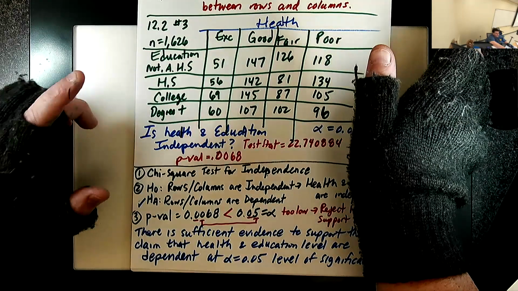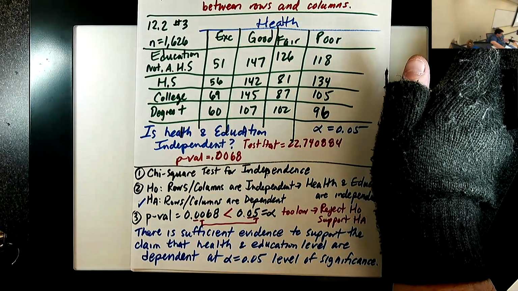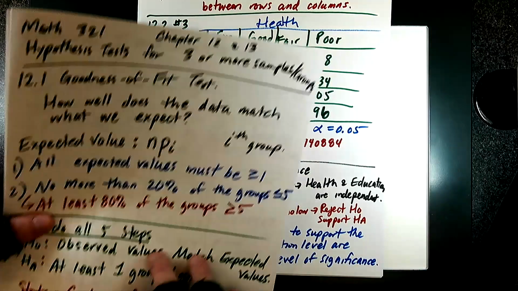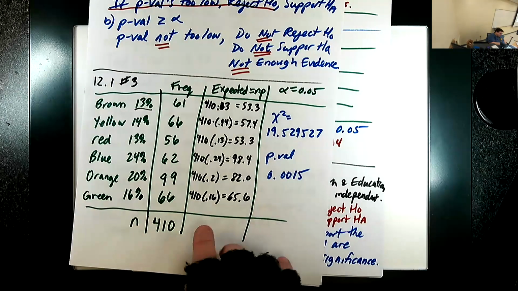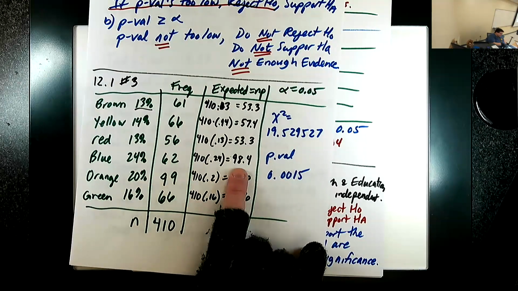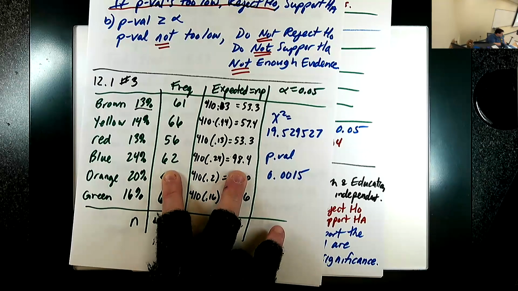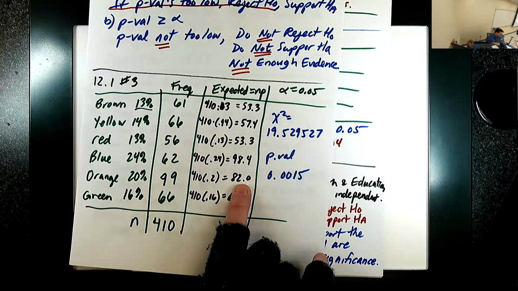Like when you look at the goodness of fit one with the colors, like the M&Ms, we could see which ones were off, because we wrote down what the expected values were. Blue should have been 98 and it was 62. That's over 50% higher. 99 should have gone down to 82.